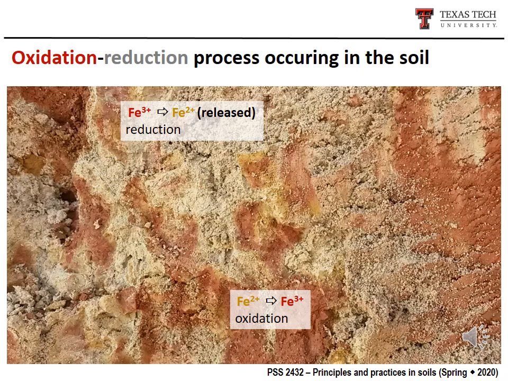But you can see on this picture some yellow, some red regions. What happened here? Under aerobic conditions, again, the iron 2 can suffer an oxidation process to iron 3 again.